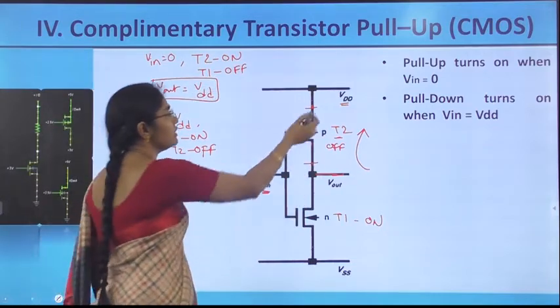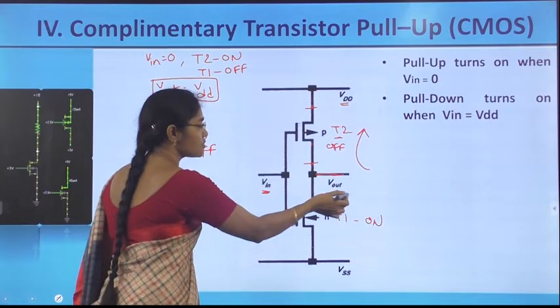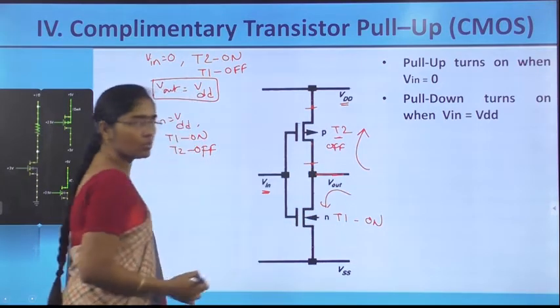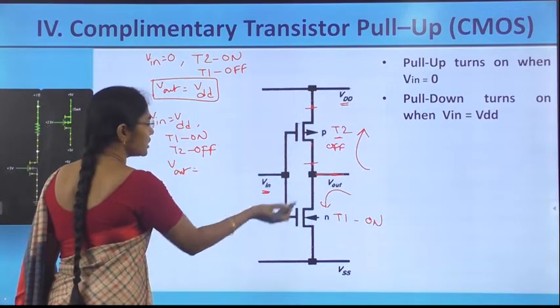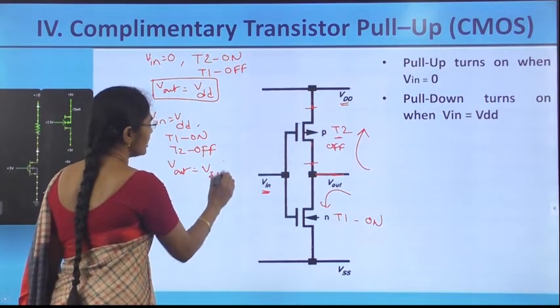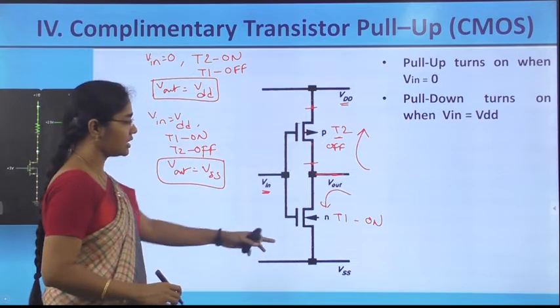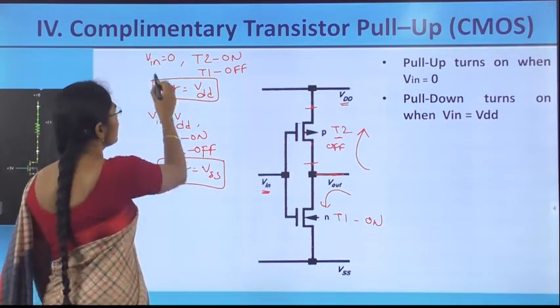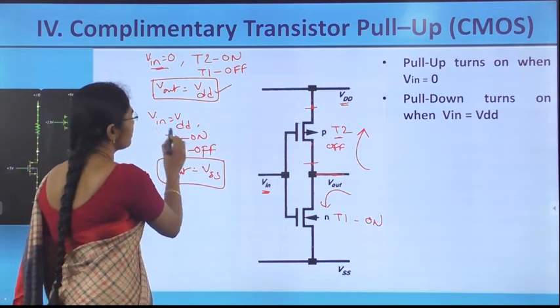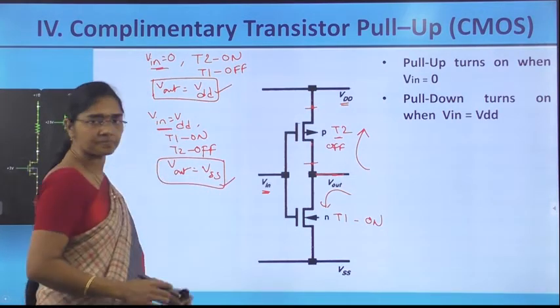Because of that, VDD is not connected to Vout, and Vout has a path to discharge. Therefore, Vout is completely discharged to VSS, or it is 0 if we have taken VSS as the 0 value. So, for Vin 0 we get full output, and for Vin 1 we get full output.